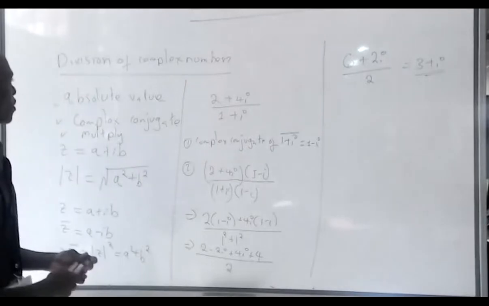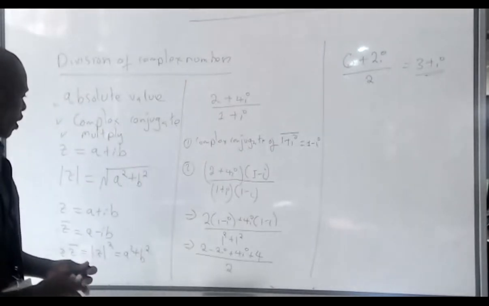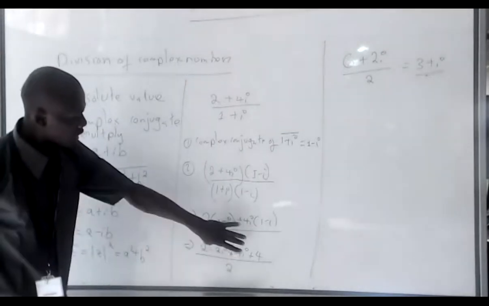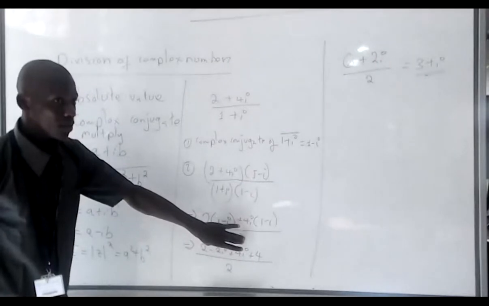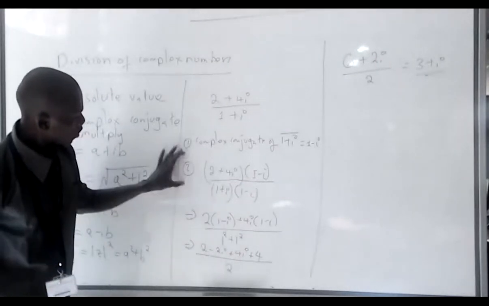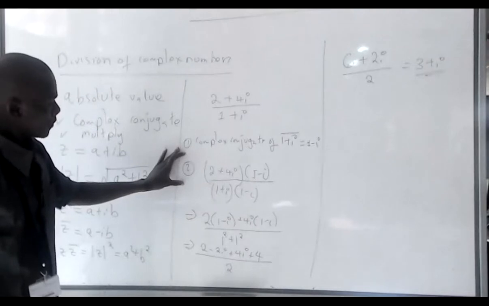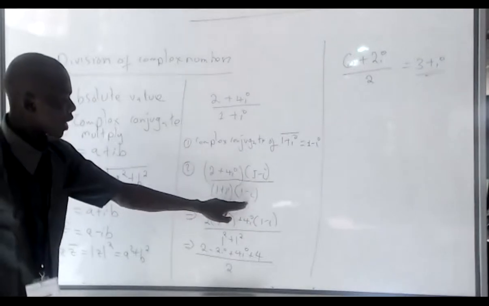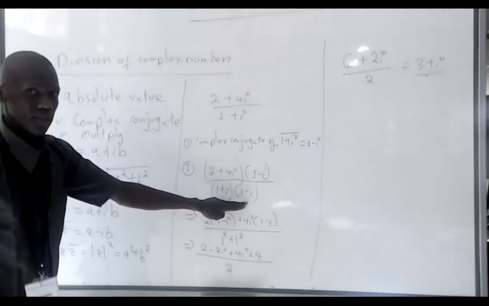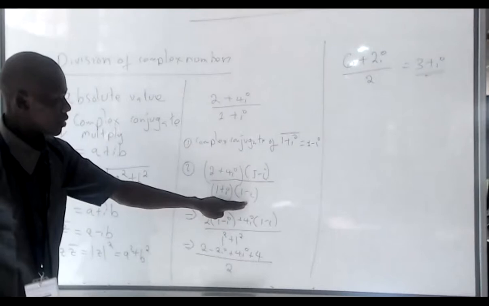You don't do the i squared. Here, you see, step 2, the denominator. It's 1 plus i times 1 minus i. Yes. Oh, okay.